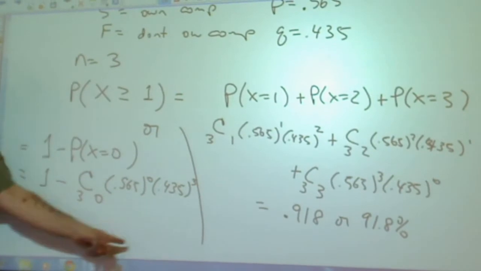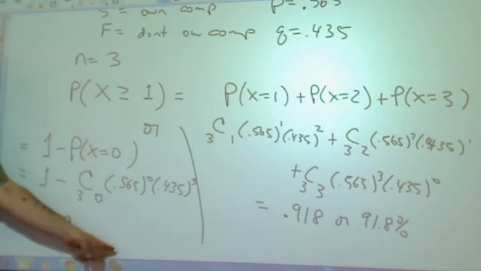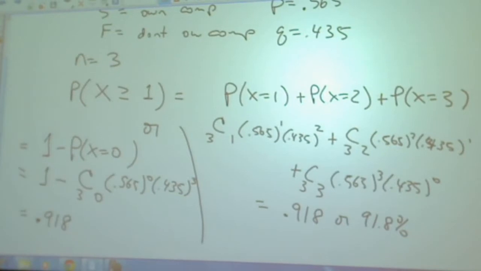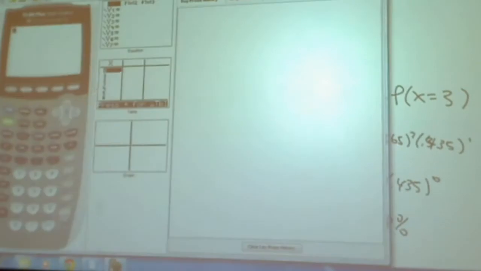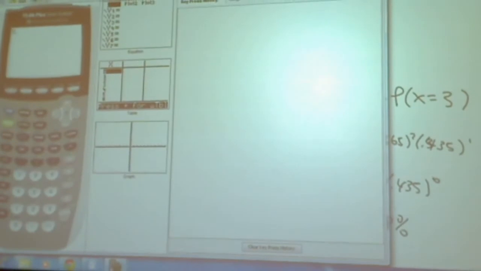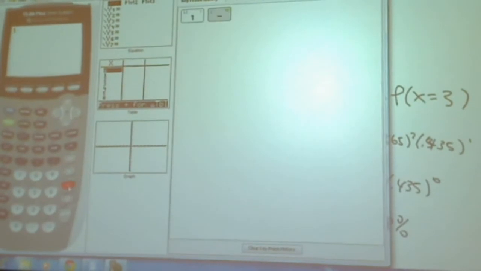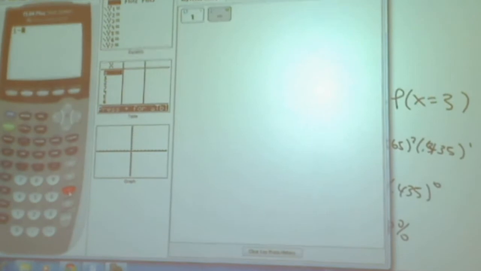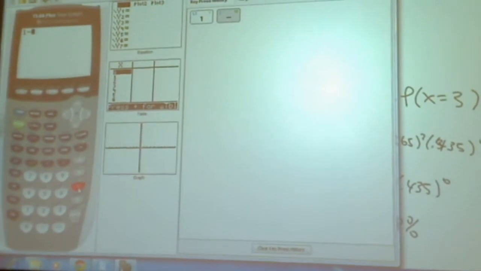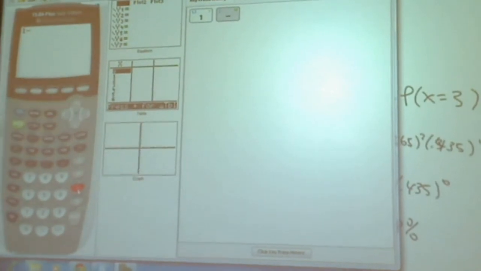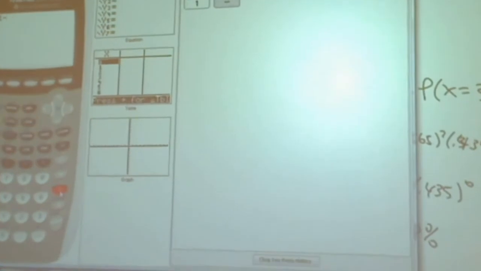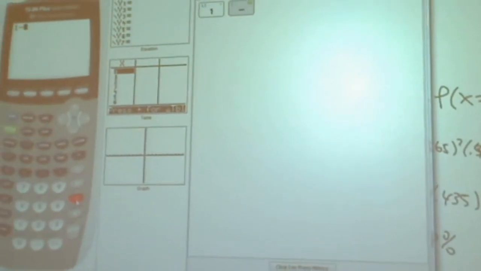Let's do this one on the calculator, just because it's fewer terms, just to practice. Okay, so just a suggestion. So 1 minus, I'm going to put those combination and those 3 factors in a bracket. What if your calculator doesn't do that, but it does the x exclamation point? How do you do that?